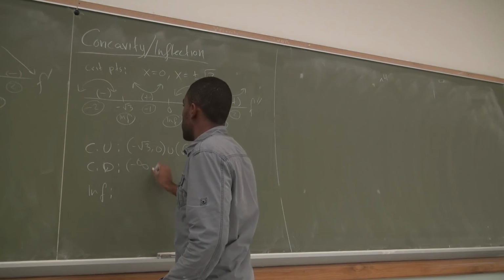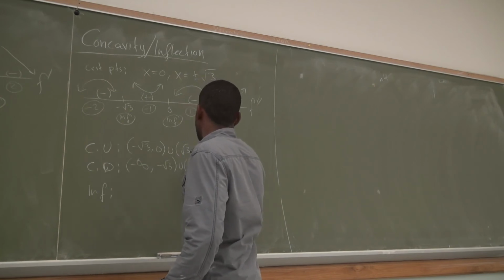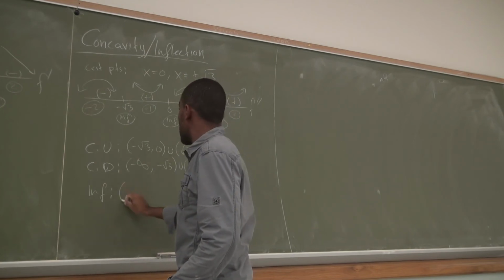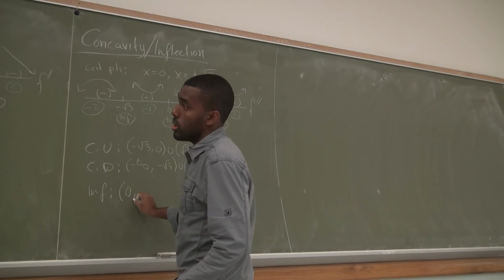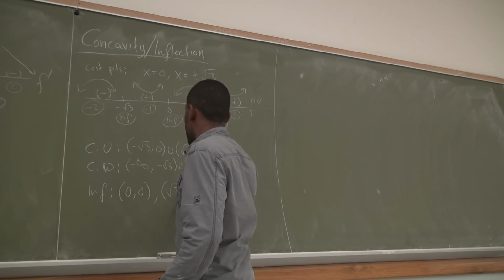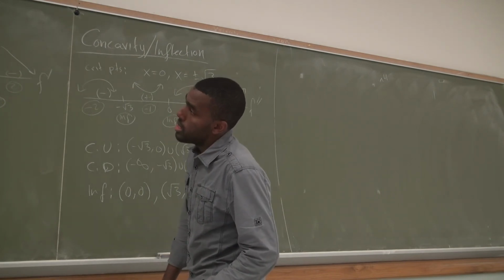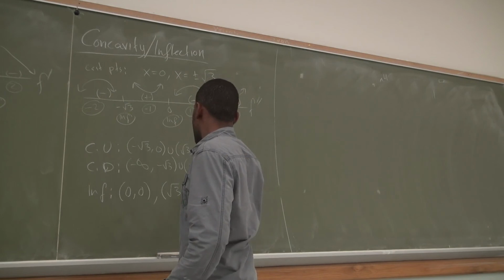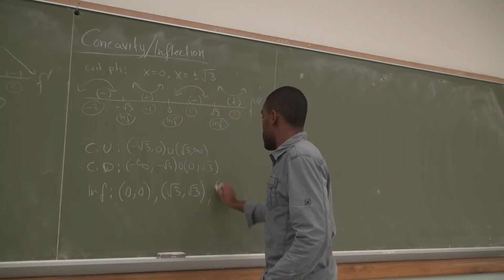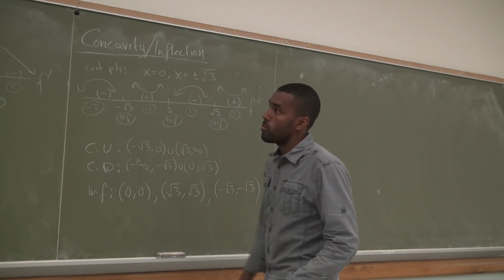Concave down: minus infinity to minus radical 3, union 0 to radical 3. Inflections will occur at 0, in which case my function is 0. It would also occur at positive radical 3, comma, I would plug in radical 3 there. The 4s would cancel, I would get radical 3. And if I plug in minus radical 3, I get minus radical 3.